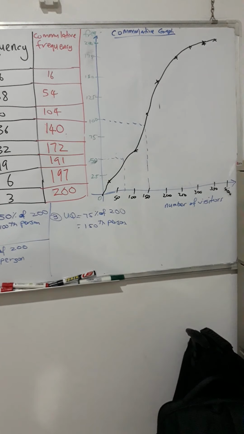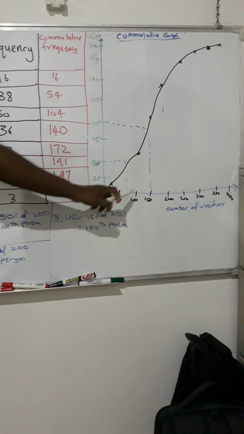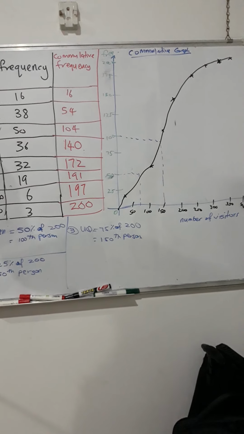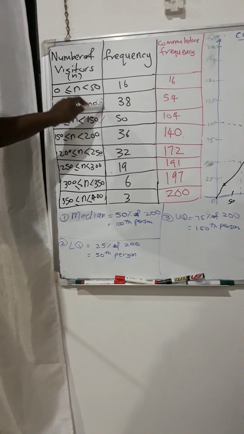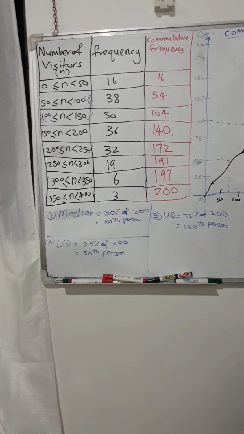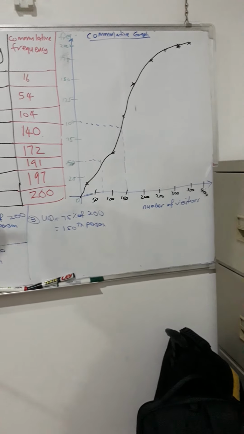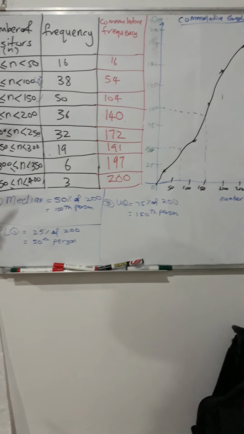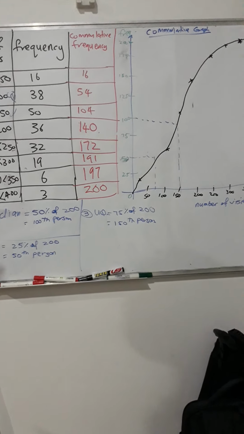So your lower quartile is between 50 and 100. That's where my lower quartile region will lie. Then of course you can pick a particular value. According to my graph, it's 150. When you draw, your graph would be a little different from mine. It's according to your scale.